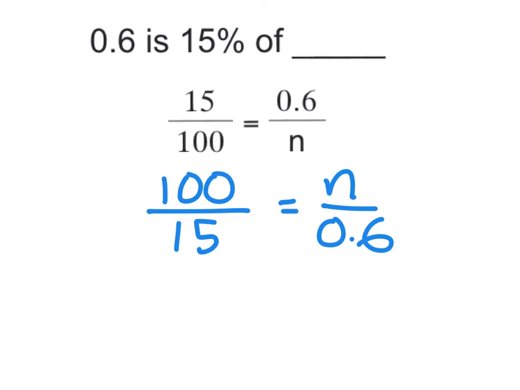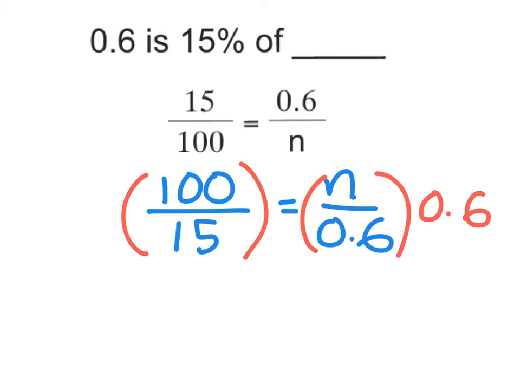To isolate the n, the opposite of dividing by 6/10 is multiplying by 6/10. So we're going to multiply by 6/10 on the right-hand side of the equation and multiply by 6/10 on the left-hand side of the equation to get a value of n equals 4. So 6/10 is 15% out of a total of 4.